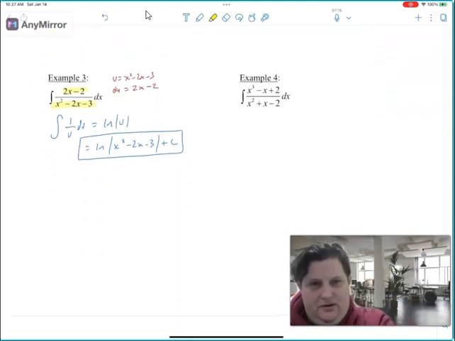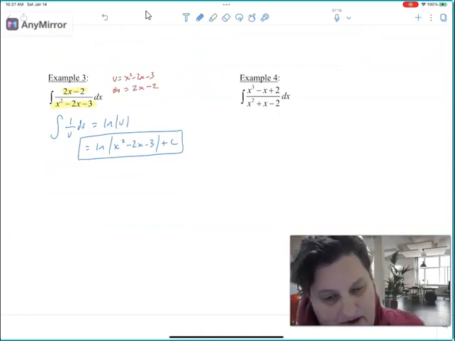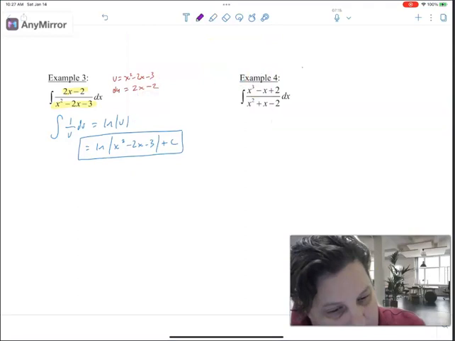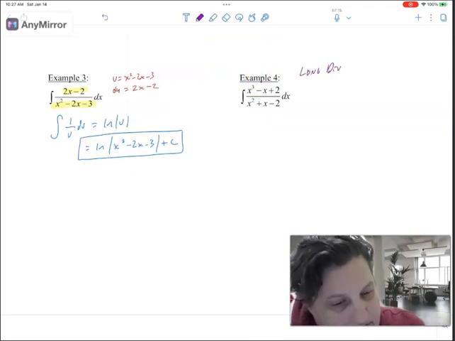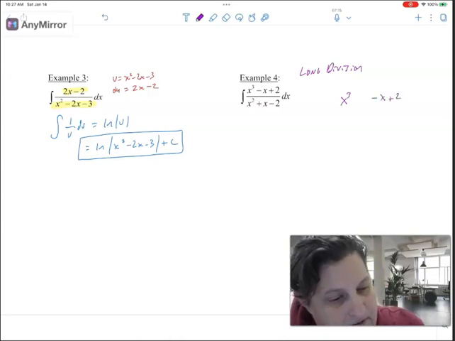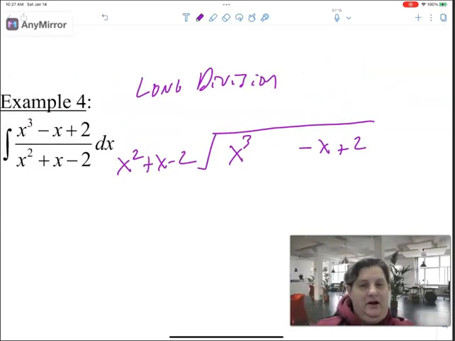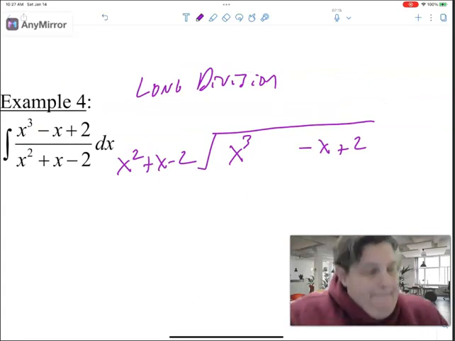Okay? Okay, let's see. With example 4, I think I'm going to go ahead and start with long division, which is what I could do when I have a polynomial. I'm saving a little space there for the x squared. Alright, I'm going to do long division to separate this one out.